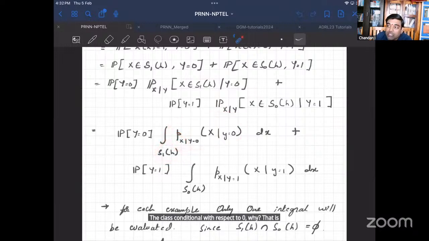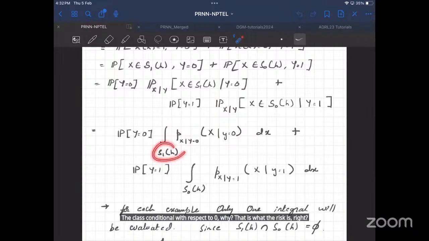That is what the risk is. For ease of mathematical interpretation, I can write the integral domain as S1 plus S2 in the first term and in the second term also, and hence R to the power D. So it is an addition of two positive numbers in R to the power D.